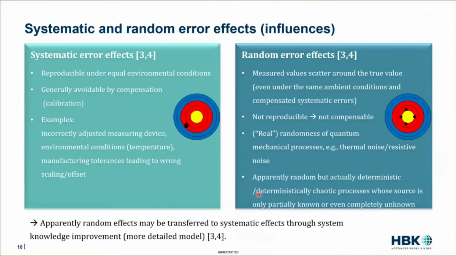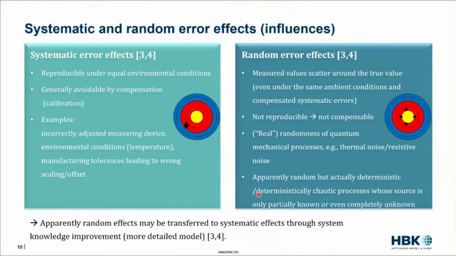Systematic error effects, on the one hand, are characterized by the fact that they are reproducible if I repeat a measurement under equal environmental conditions, but also, of course, with the same operating point. Since we can reproduce these error effects with following measurements, they are generally avoidable by compensation. And in measurement, this means calibration.